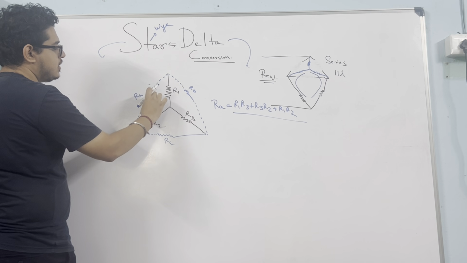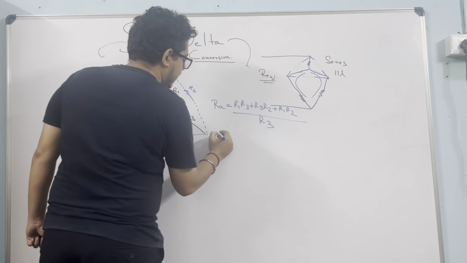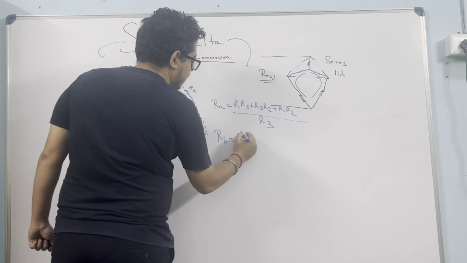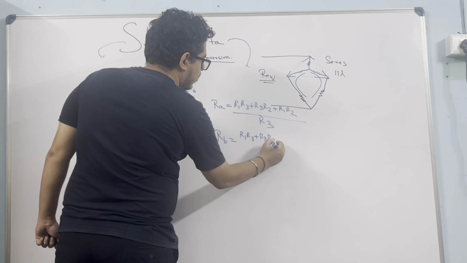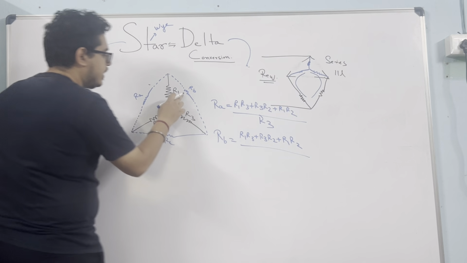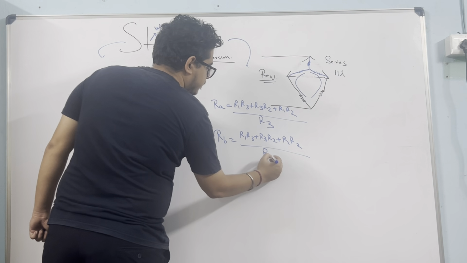Similarly RB is R1R3 plus R3R2 plus R1R2 upon the opposite of RB, which is R2.